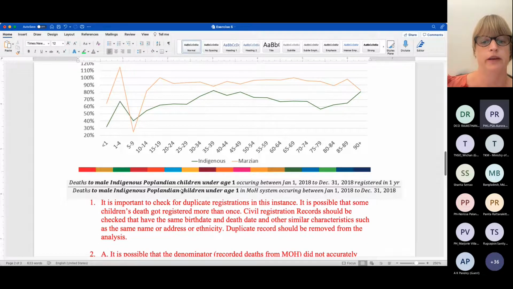But for whatever reason, maybe all the deaths are there in Ministry of Health, but some of the records are missing ethnicity. So say 25% of your records don't have ethnicity, and then they got excluded from this denominator. That's artificially going to boost up your completeness, and that could push you above 100%. So it could be something about missing records or the way that they coded Indigenous versus not. It could be something going on with your Ministry of Health data.